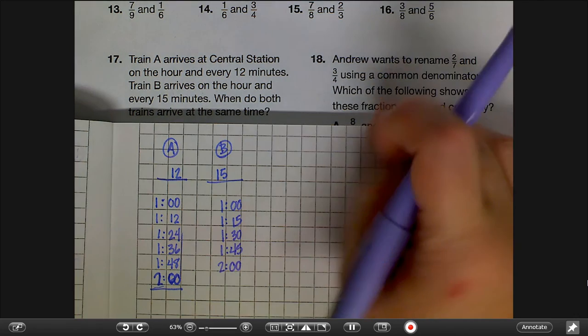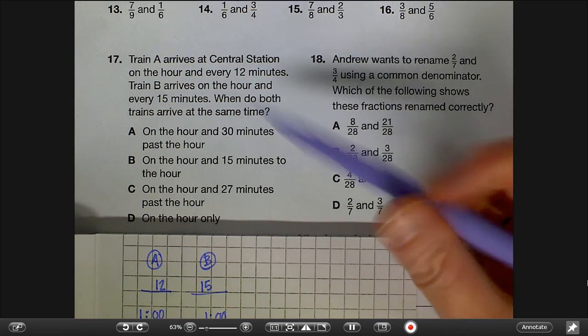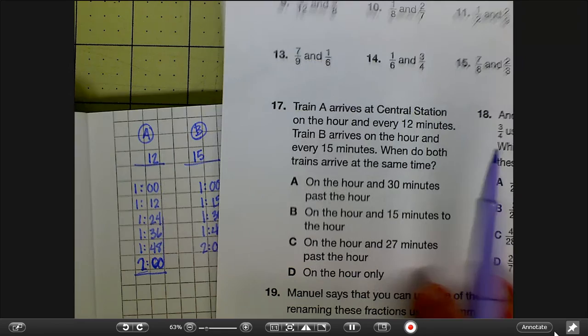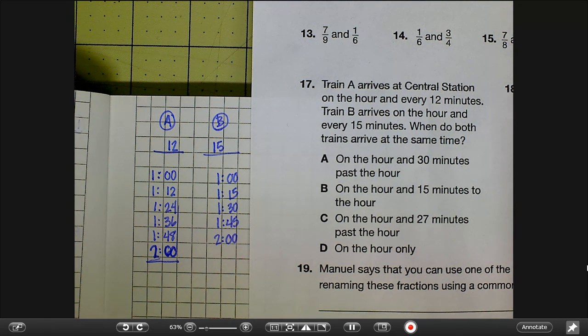Okay, so let's look at the answer choices and find out what is the correct answer. Looking at our page where we wrote our numbers and the answer choices. On the hour and 30 minutes past the hour? Nope, that's not the same time.